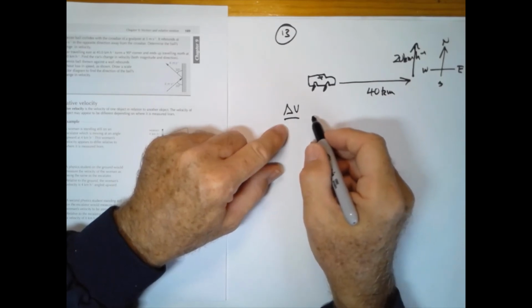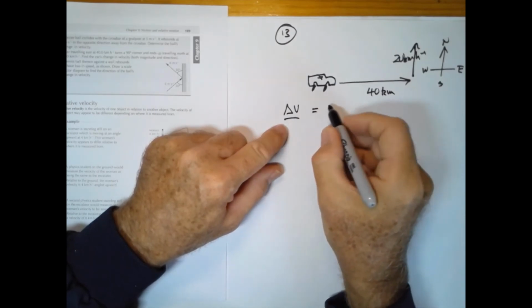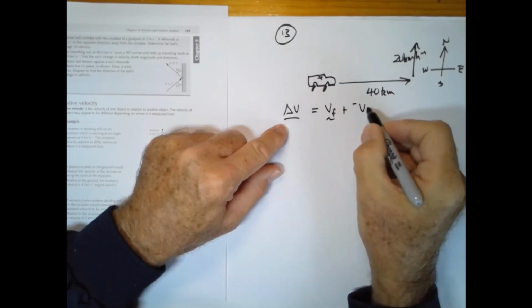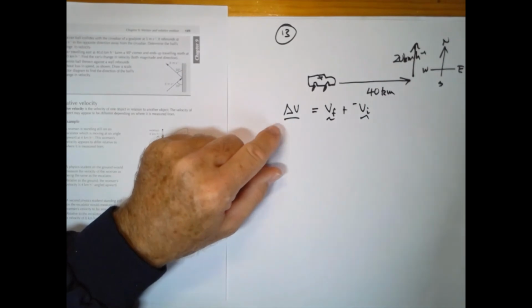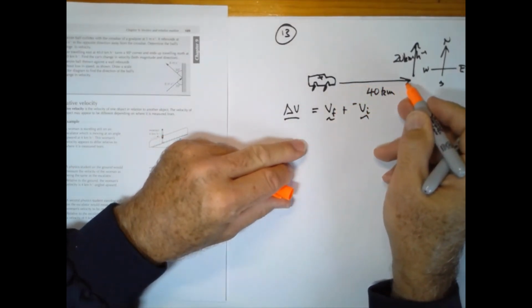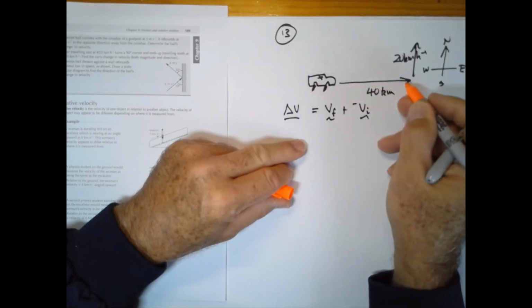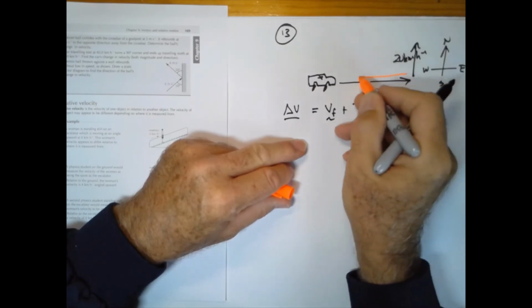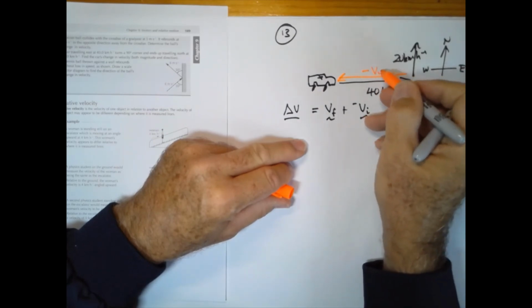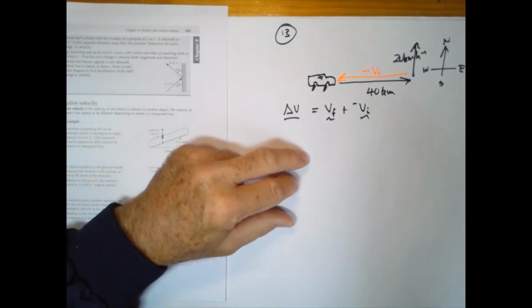Change of velocity is equal to final velocity plus the negative of the initial velocity. So let's have a look. If this is the initial velocity, a vector this length in this direction, then this one here must be the negative of the initial velocity. Same size, opposite direction.